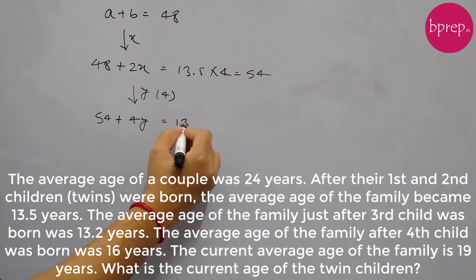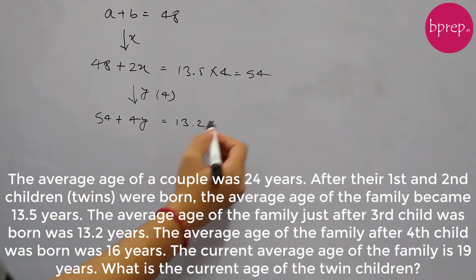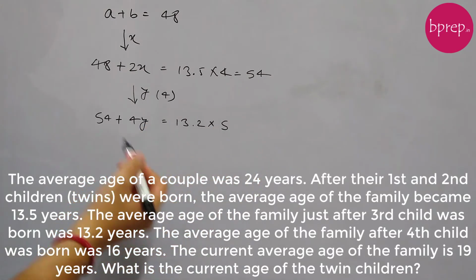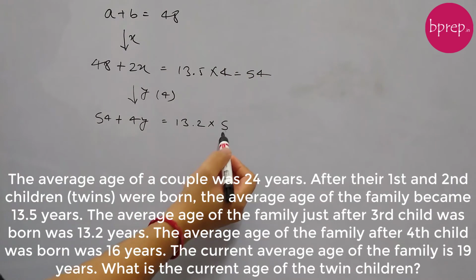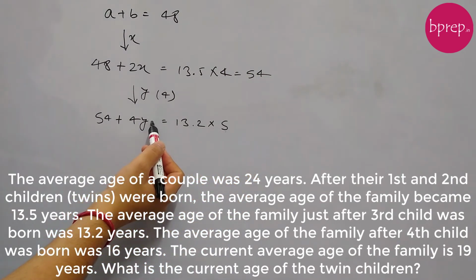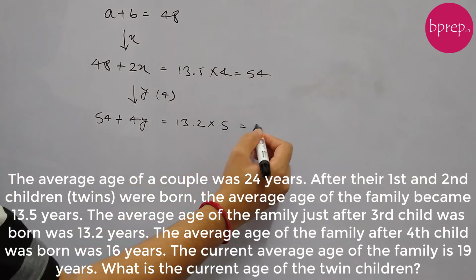So this is 13.2 into, now the total members are 5. In the average we have to count the new member because the average is calculated just after the member came. So we need to include them while multiplying this. But on the left hand side we don't have to count them because they have just been born. Okay. So in this case it will be 66.